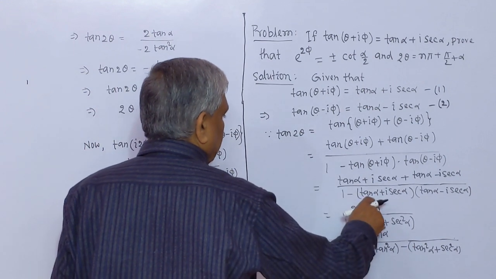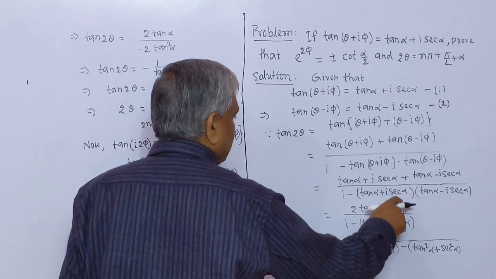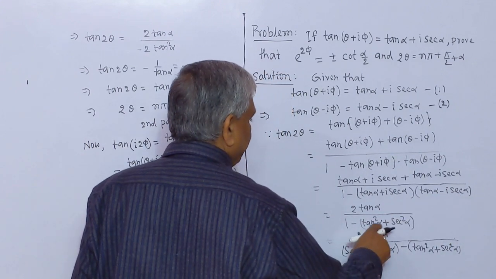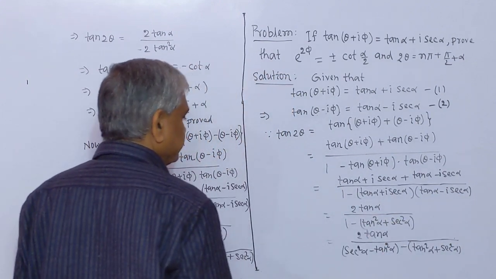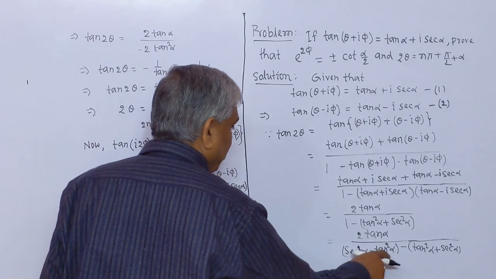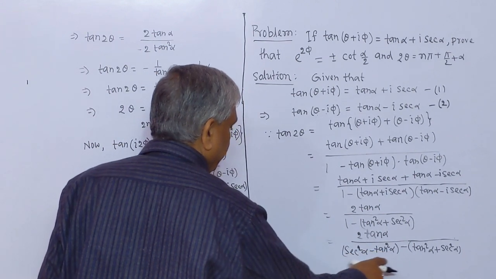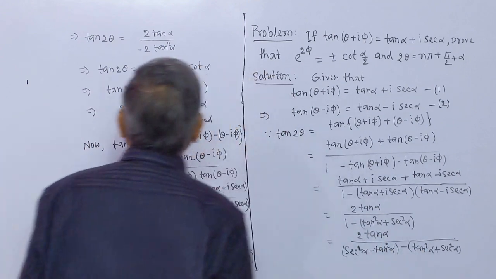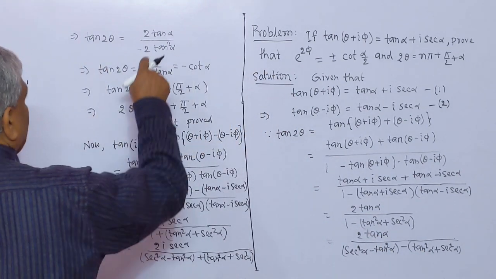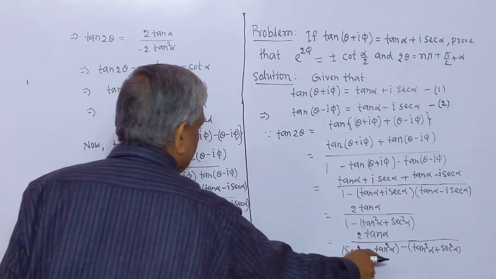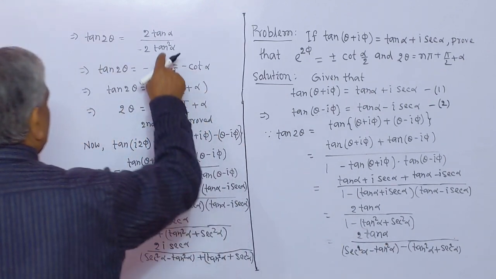In the denominator, (tan alpha + i sec alpha)(tan alpha - i sec alpha) is tan^2 alpha + sec^2 alpha. Here 1 means sec^2 alpha - tan^2 alpha, this value is 1, and we write this value. In the numerator we get 2 tan alpha, in the denominator we get minus 2 tan^2 alpha.